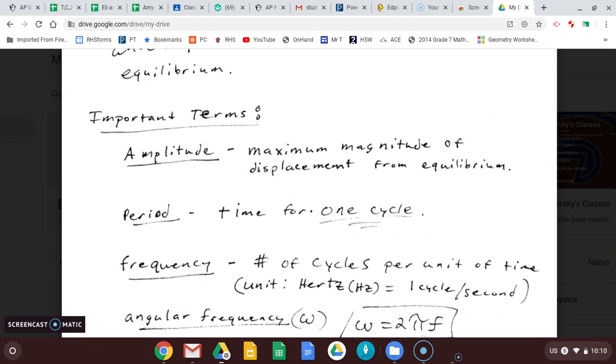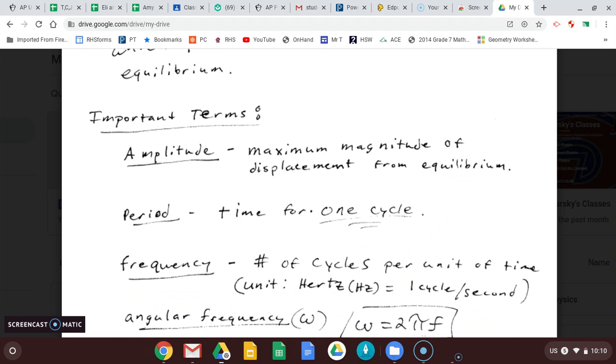Now, some important terminology you'll use with this stuff. You'll probably notice that a lot of these terms are related to things with waves, because waves basically are a type of periodic motion as well.